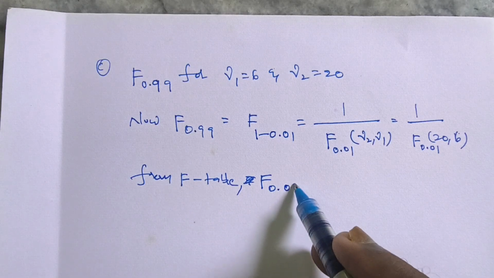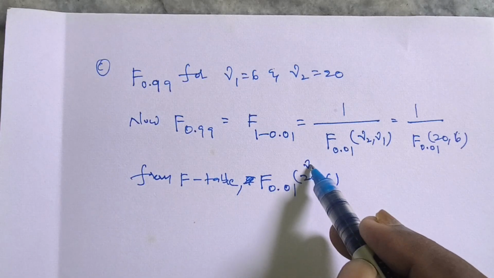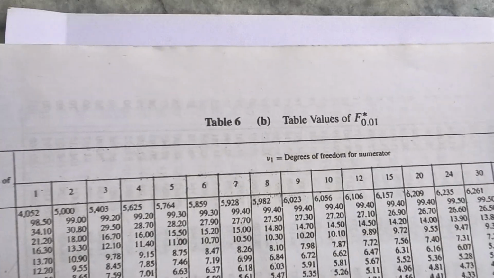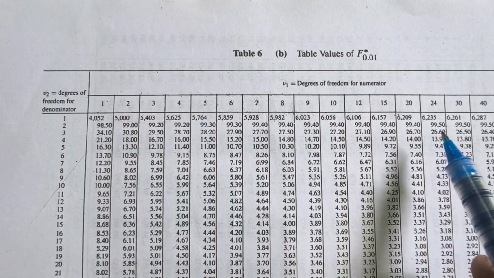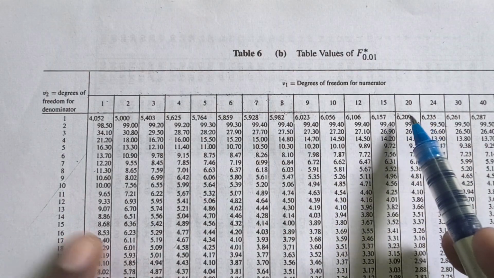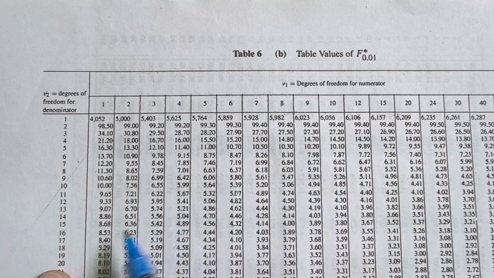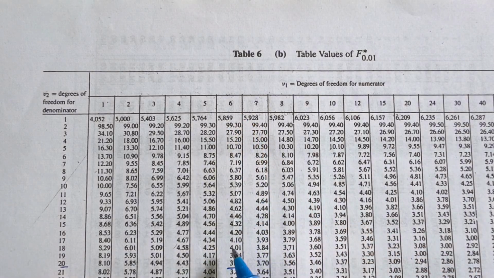By using the F distribution table of F 0.01 at degrees of freedom 20 comma 6, here 20 is nu2 and 6 is nu1. This is the F 0.01 table. Nu2 is 20 here, and nu1 is 6 here.